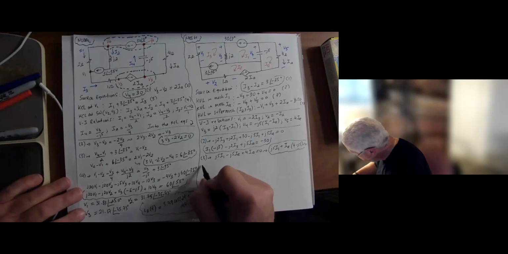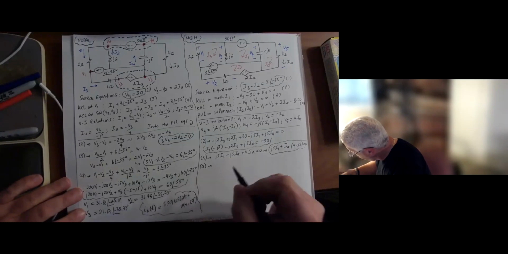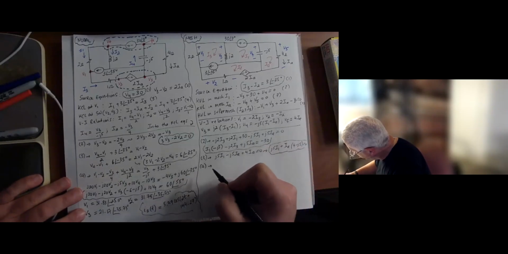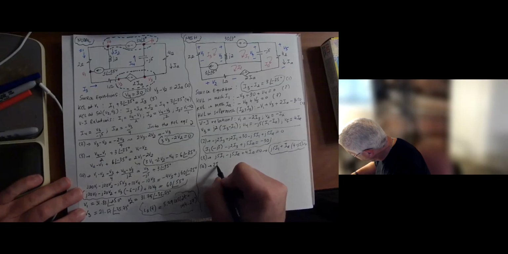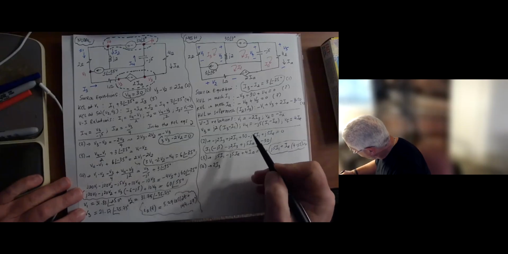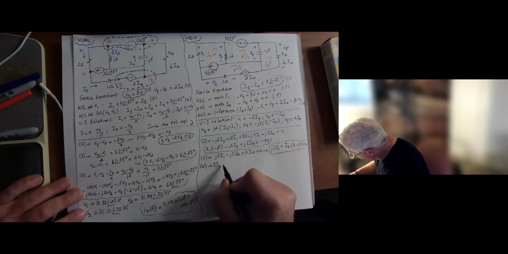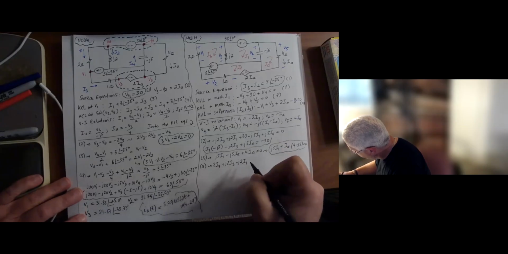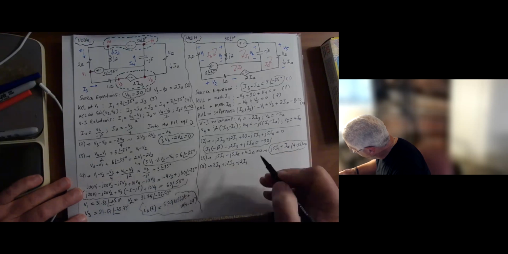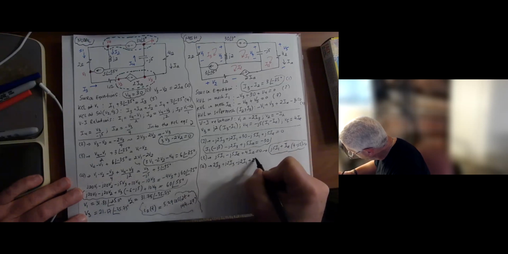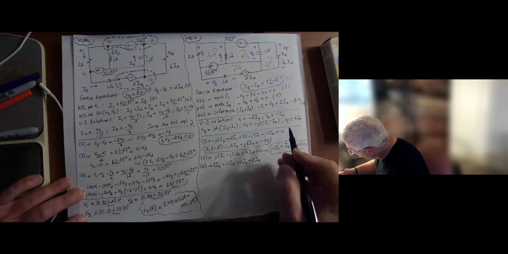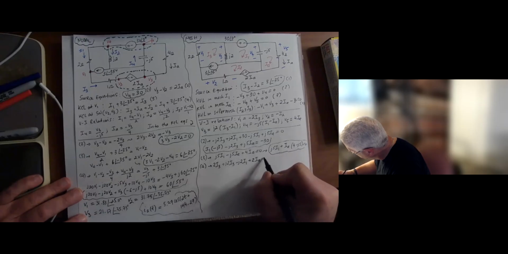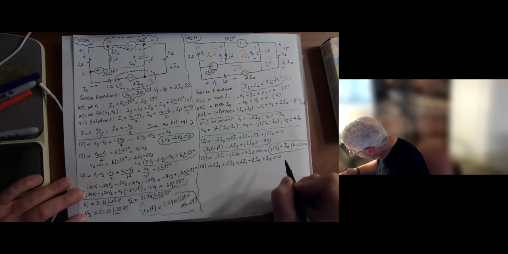And finally, equation 4, right there: minus V1, so 2I3, plus V3, plus J2 I3 minus J2 I1, plus 2IA, minus V2 equals 0.